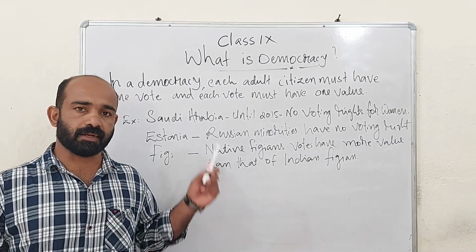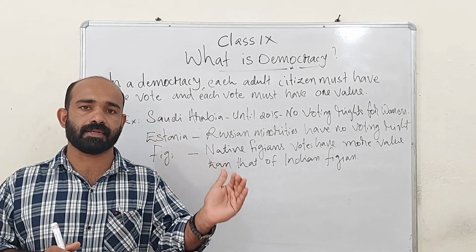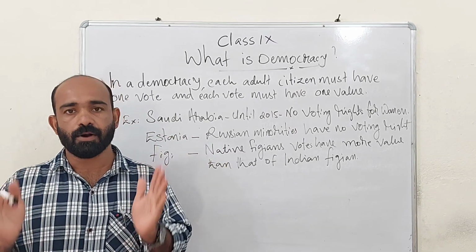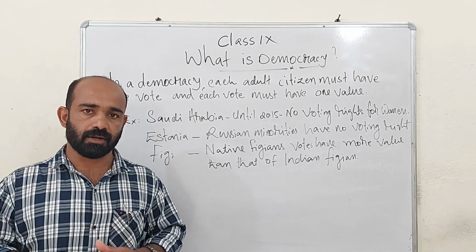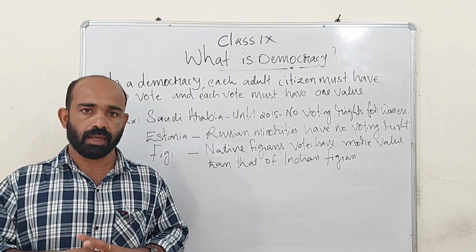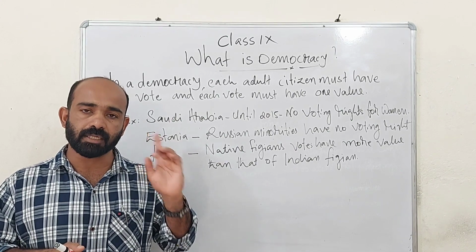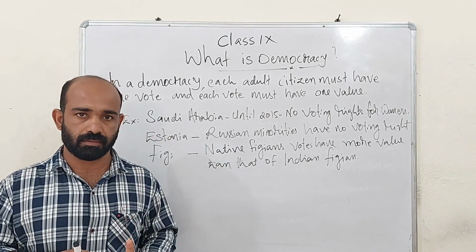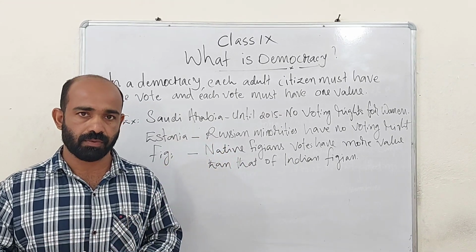Now let us see the third feature of democracy, to know deeply whether a country is a real democracy or a pretending democracy. The third feature is one person, one vote, one value. In a country, all adult citizens must have one vote, and everyone's vote should have equal value.